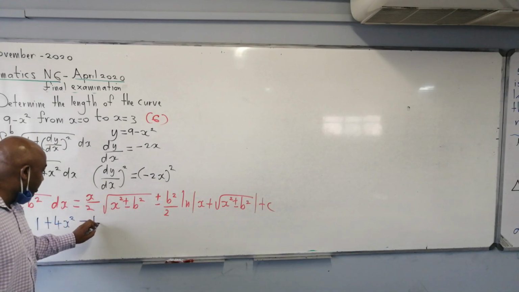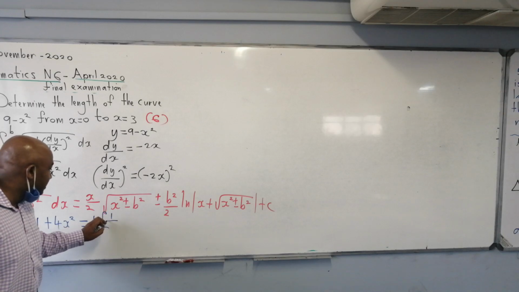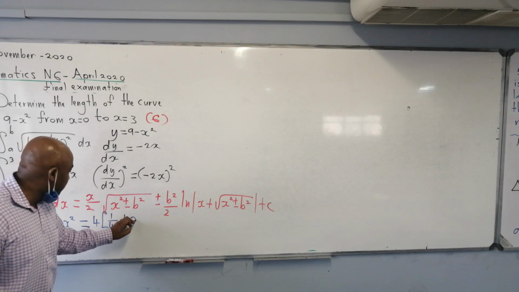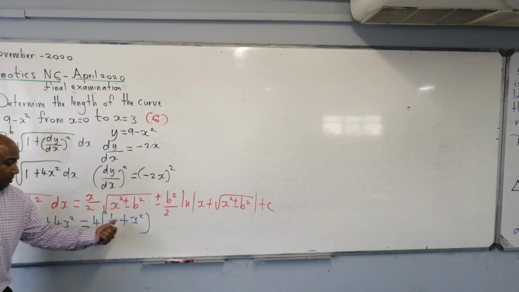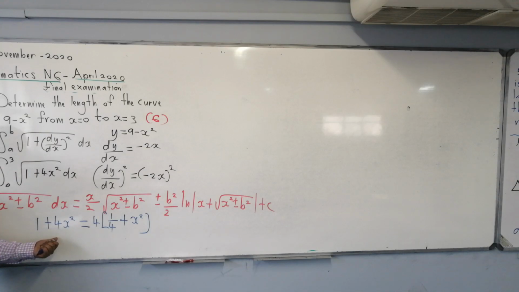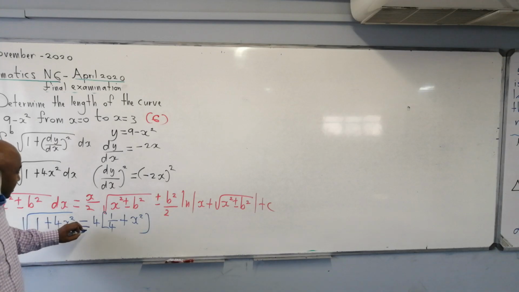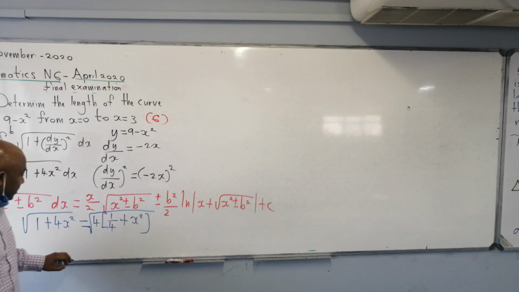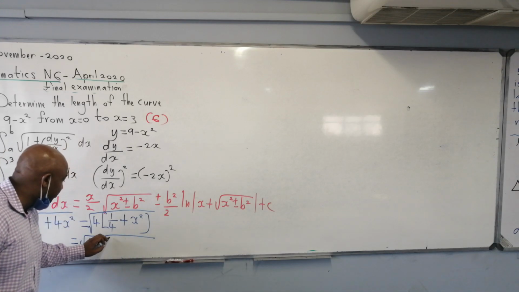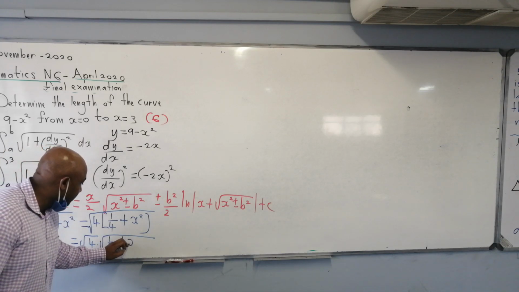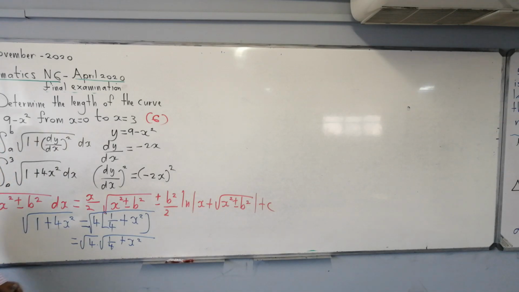If I take out a common factor of 4, term 1 will be 1 over 4, term 2 will be x squared. Check: 4 times 1 over 4 must give you 1, and 4 times x squared is 4x squared. Now if I put a square root over it, I have the square root of 4 times the square root of 1 over 4 plus x squared, because it's multiplication.